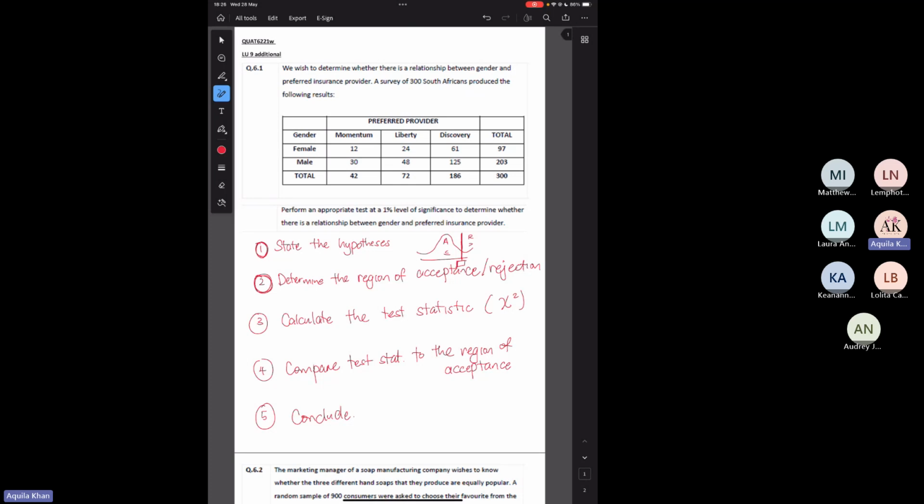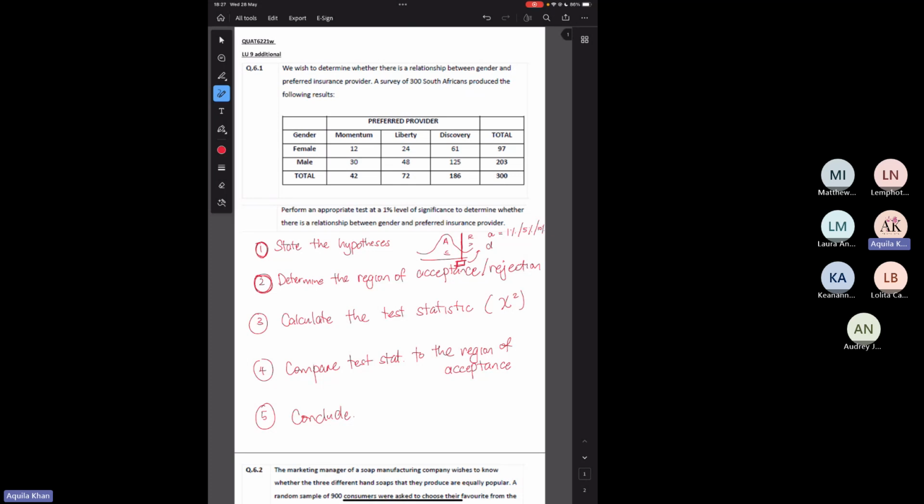Now for the actual value that goes in here, your critical limit, you need two things. You need a level of significance, which we also saw in Learning Unit 8. That's the letter A that denotes a level of significance, and it can only ever be 1%, 5%, or 10%.